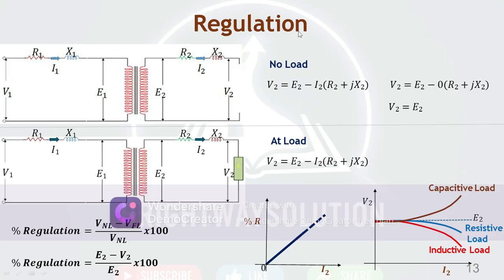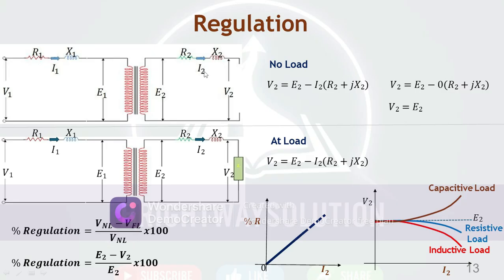Next term is regulation. Regulation is for the voltage: how constantly the voltage is delivered at the secondary side. It is a percentage of regulation. The formula is: percent regulation is equal to voltage at no load minus voltage at full load, upon voltage at no load.